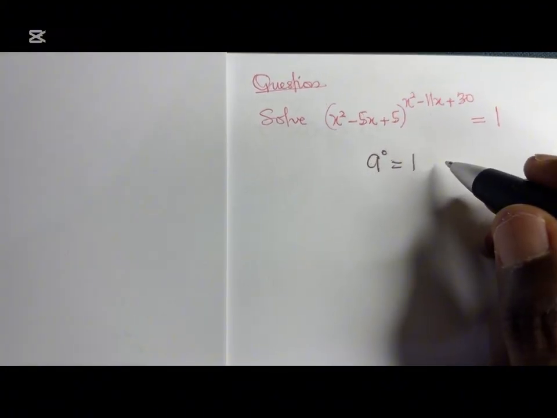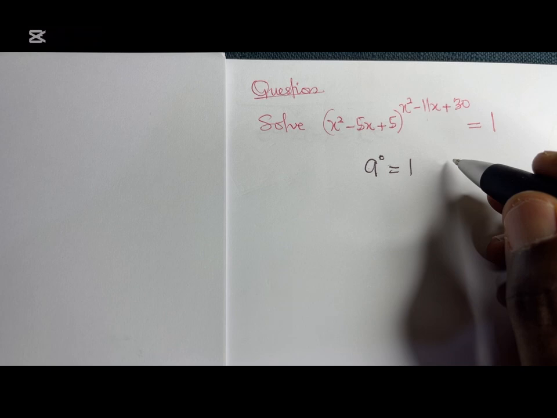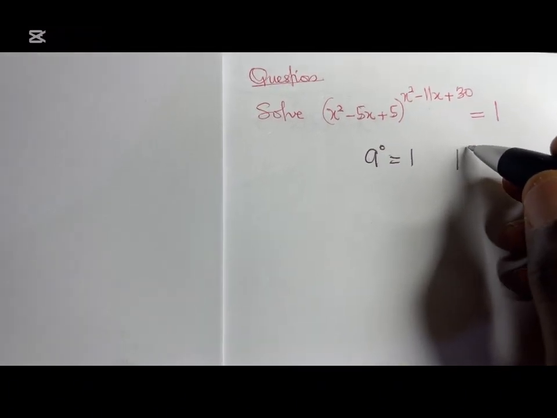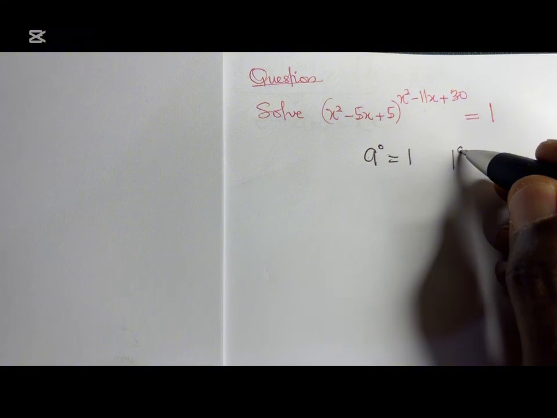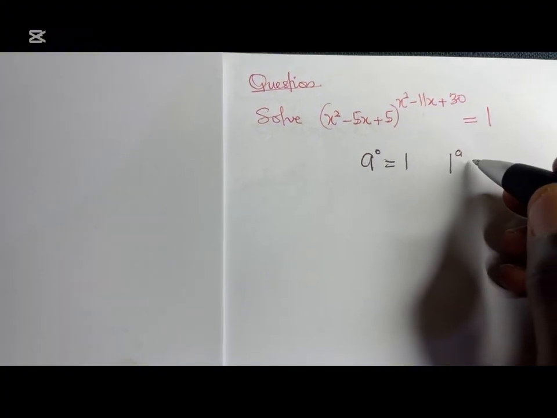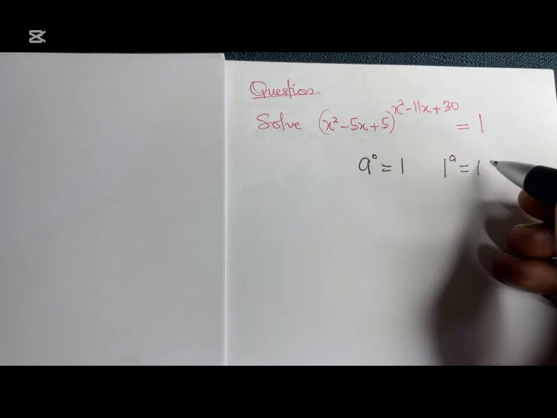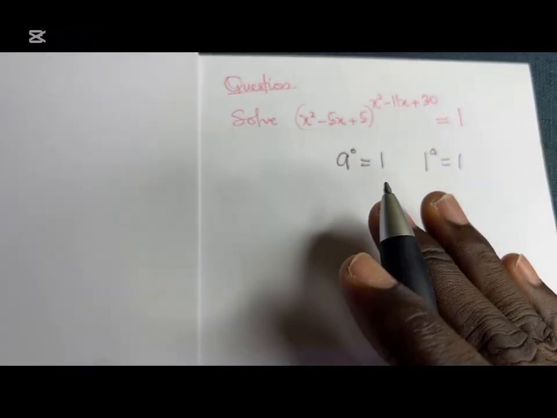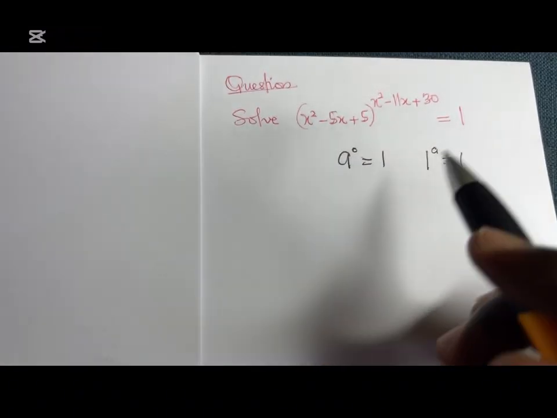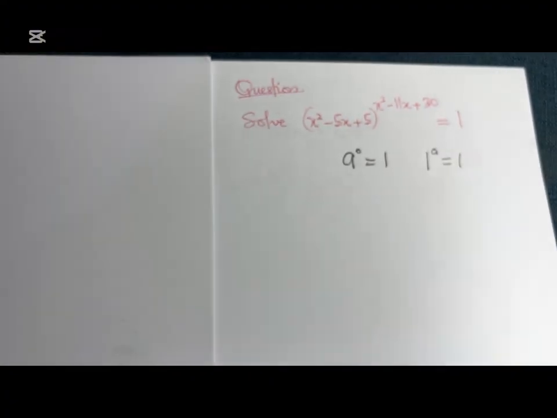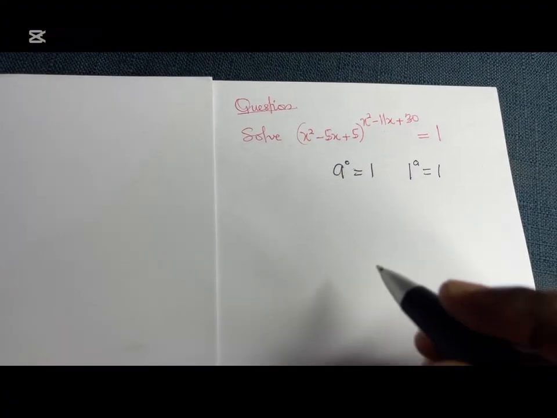And it also says for 1 exponent m, the value should be 1. So we use this fact to solve for this.